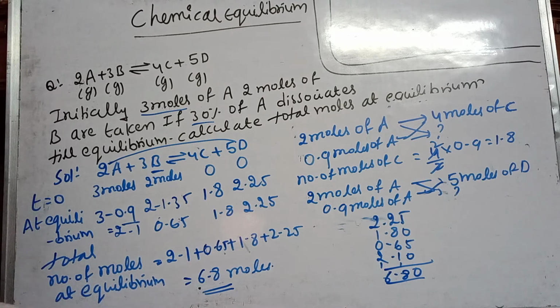For TS MSET from chemical equilibrium, the calculation of total number of moles and the calculation of Kp and Kc are very important. Please watch the total video, then only you will have an idea about this topic.